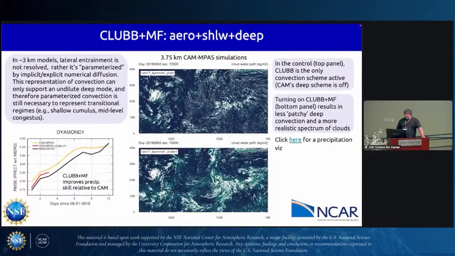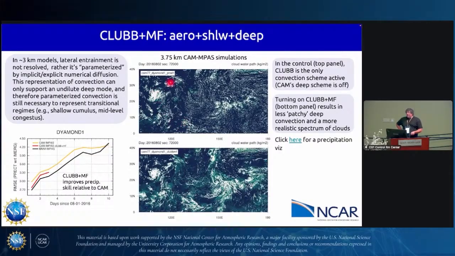Now I want to talk about the latest, greatest version of CLUBB-MF. Again, this is missing an attribution here, but I work on CESM. CESM is developing kilometer scale capabilities in CESM along with help from Earthworks and the CSSM project. So we were running these 3.75 kilometer simulations.